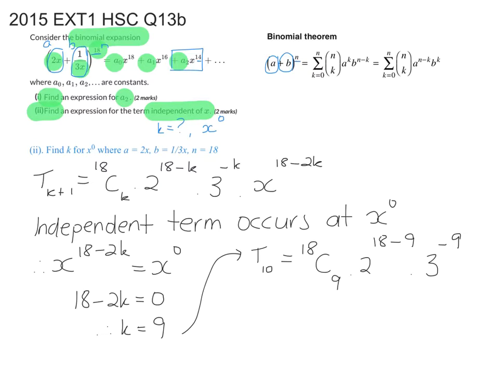But we will simplify it and we will use the notation listed on the reference sheet. So the constant term would be calculated by 18 choose 9 times 2 to the power of 9, all divided by 3 to the power of 9, and giving us our required expression.